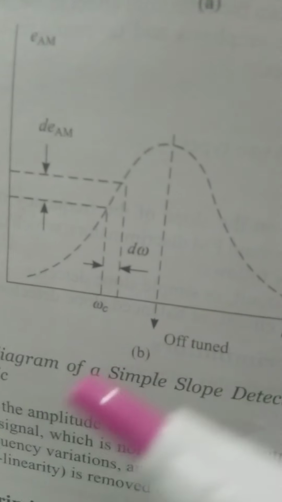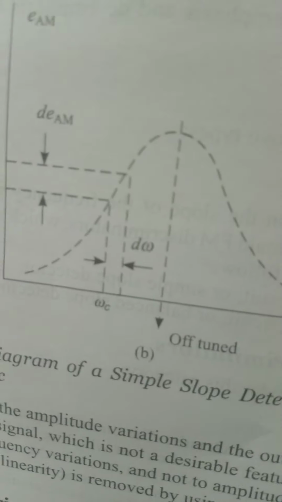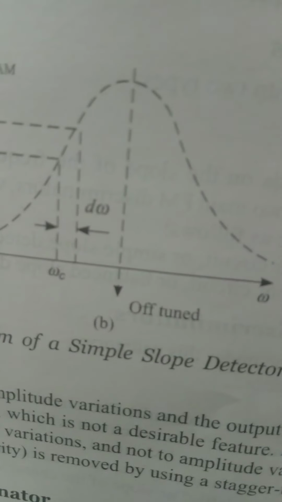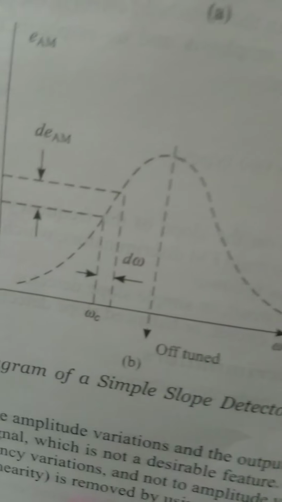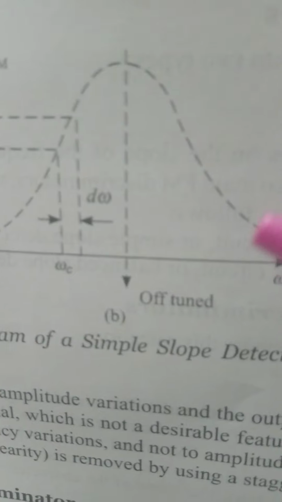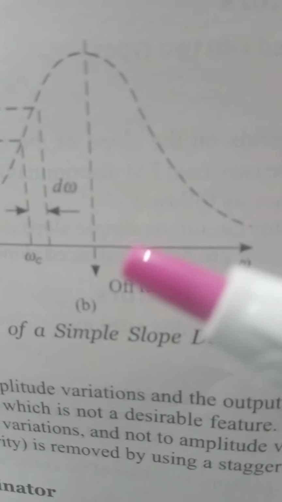When we see the voltage versus frequency response of a parallel tuned circuit, frequency variations are converted into amplitude variations. That means a parallel tuned circuit is good enough to change the frequency variations into amplitude variations. That makes a frequency modulated signal into an amplitude modulated signal.